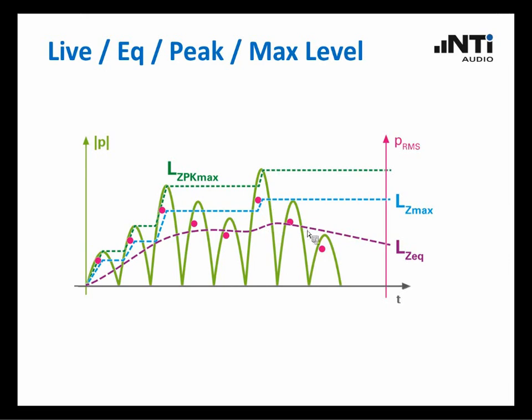The LEQ is always an averaged integrated result, and depending how the signal continues, if there are no more incoming signals, it would slowly go down again. One more side note, which is very important: the peak value will always be higher than the max value for the reasons that I explained to you.